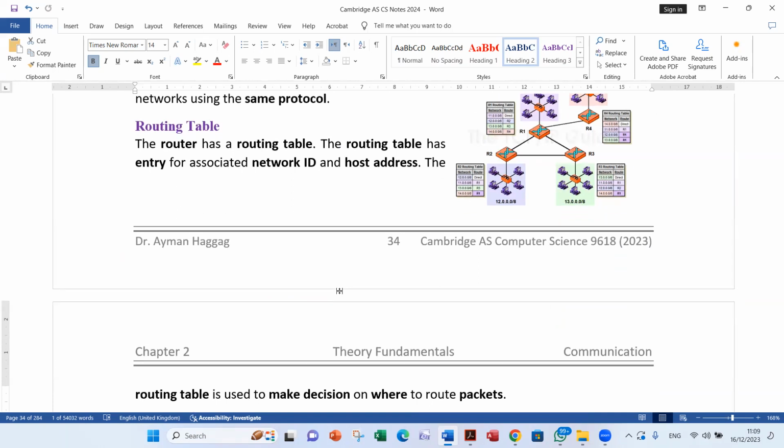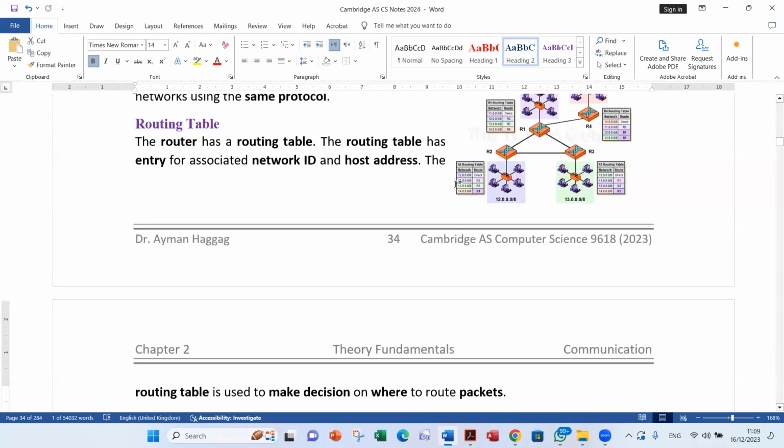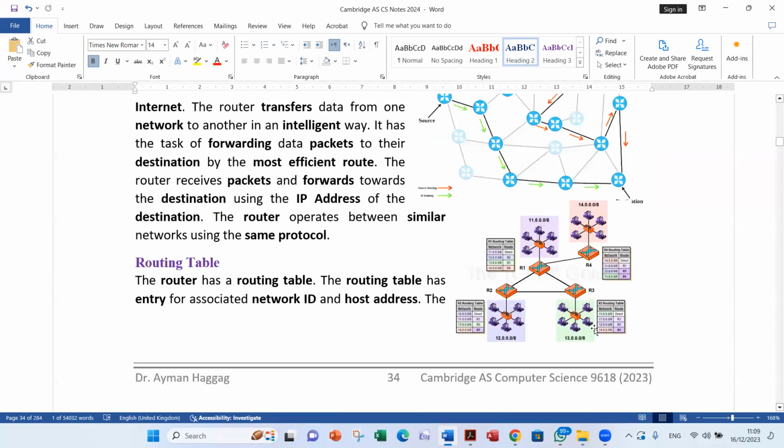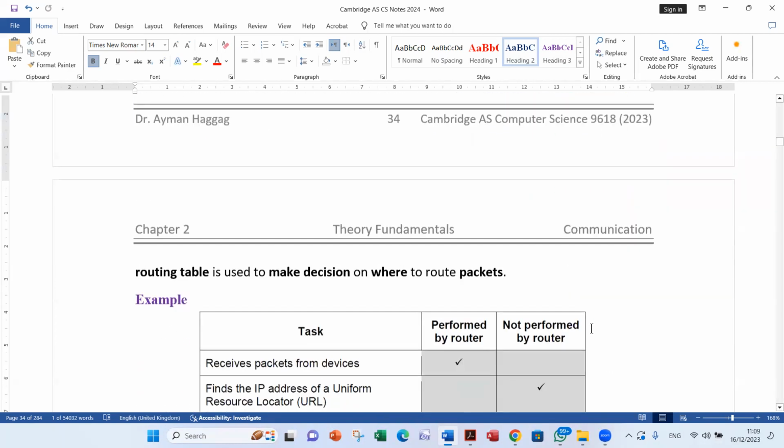This chapter is very, very useful. In brief, the routing table is used to make decisions on where to route packets. The routing table is used to provide data to make decisions about where to forward the packet.